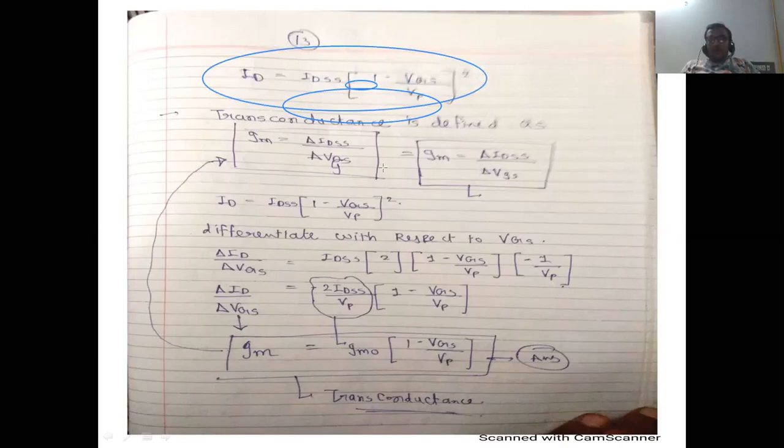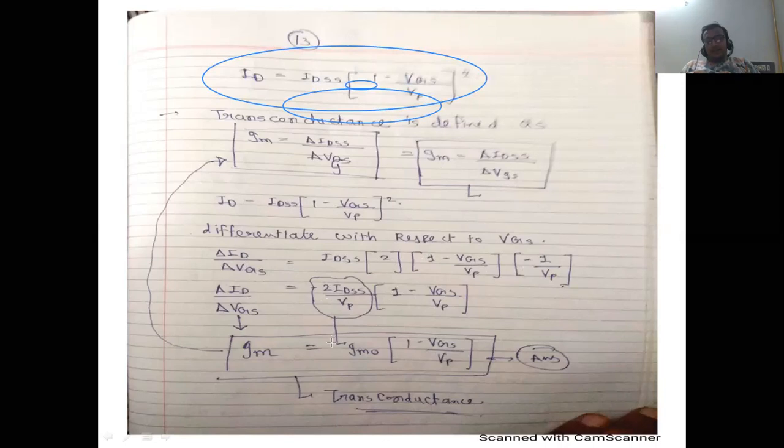Now what is the transconductance? Transconductance can be defined as delta ID upon delta VGS. Now take the differentiation with respect to VGS. I have simplified the steps here. Delta ID upon delta VGS is IDSS into 2 multiplied by (1 minus VGS upon VP) into minus 1 upon VP. So it is 2 IDSS upon VP times (1 minus VGS upon VP).